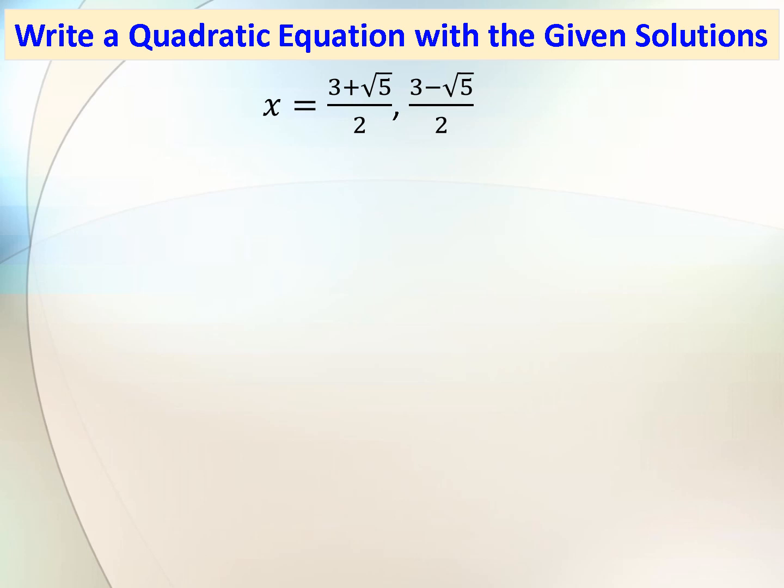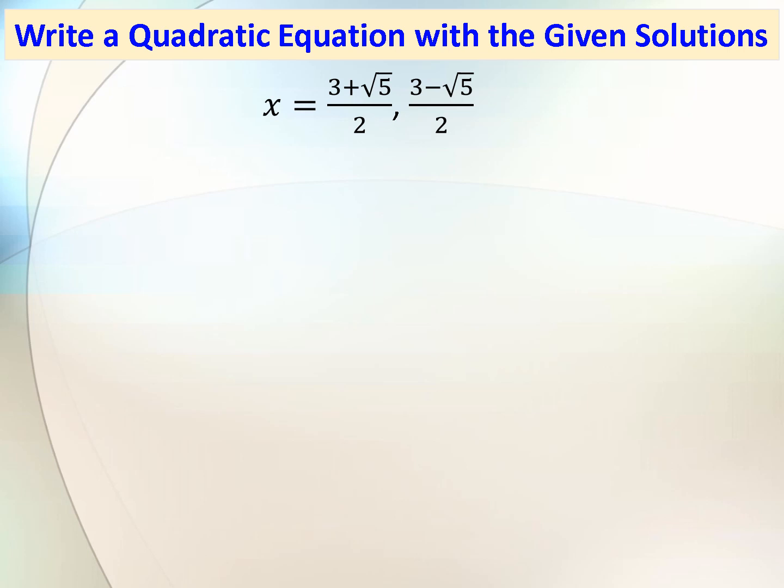Okay, so last example. What happens if they turn the tables on us and they tell us to write a quadratic equation with the solutions? So this time they're giving us the solutions and they want to know what the equation is. Well, the first thing I notice is that I have 3 plus the square root of 5 over 2 and 3 minus the square root of 5 over 2.